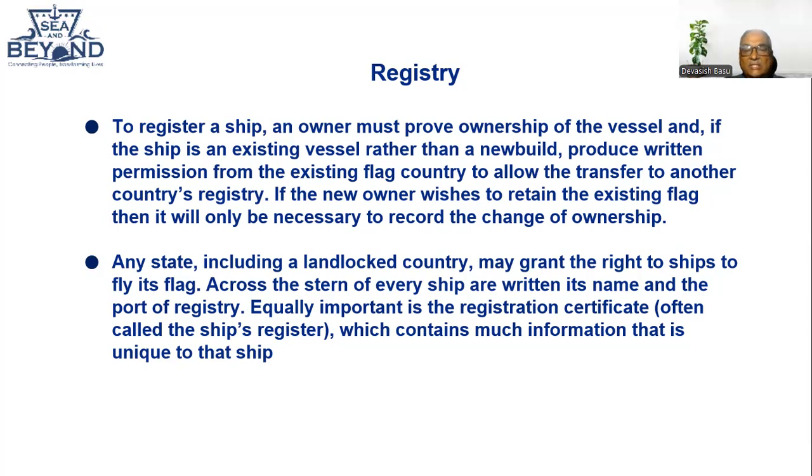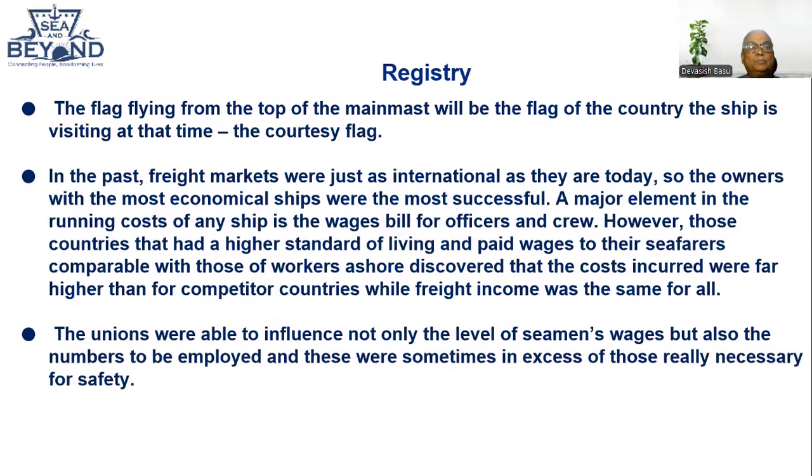Equally important is the registration certificate, often called the ship registry, which contains much information that is unique to the ship. So the ship registry is also a certificate which is on board the ship, held by the master, and it has a lot of information about that ship.